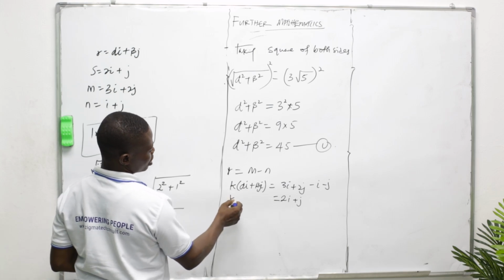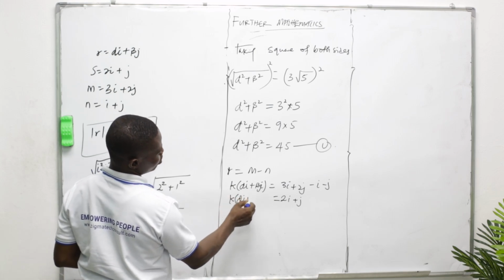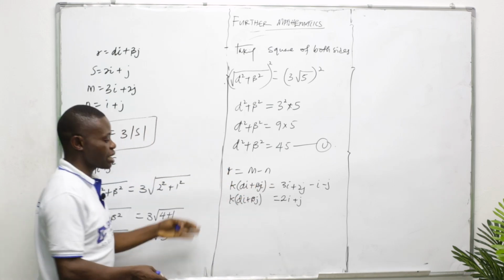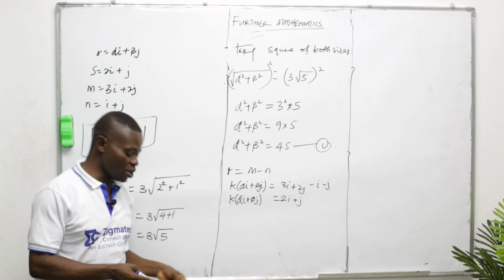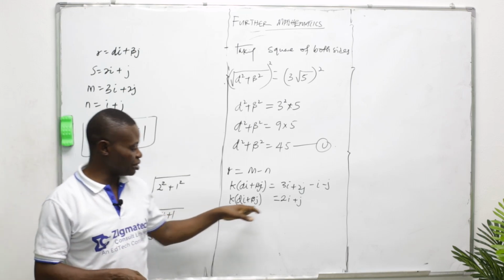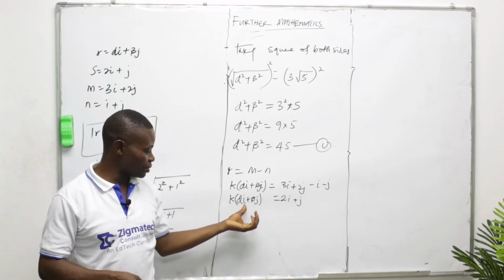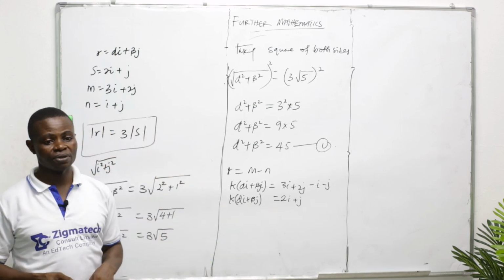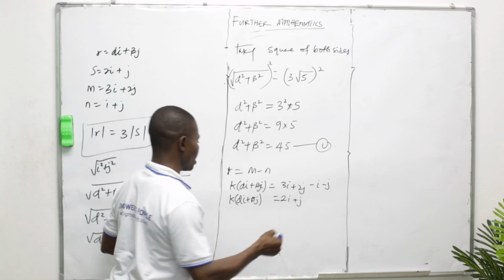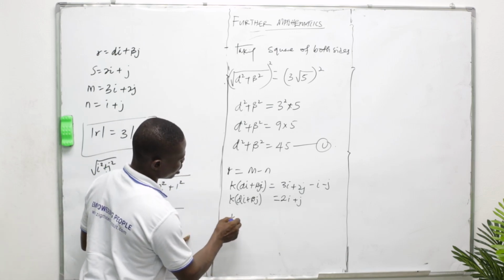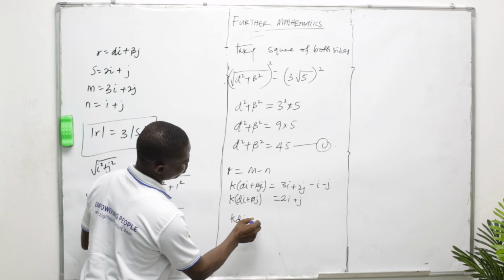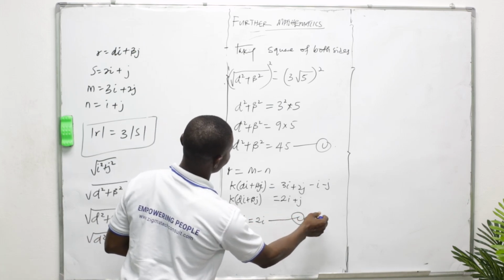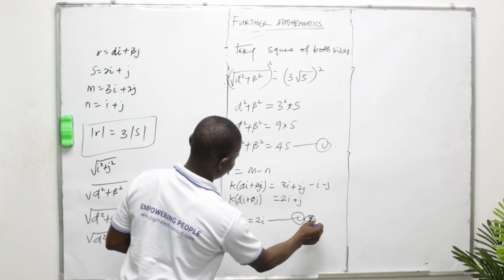Since I have my constant K, K alpha i plus K beta j, because without the introduction of this constant, I cannot achieve anything here. Now I multiply out: K alpha i equals 2i, and by comparison I call it equation 2.